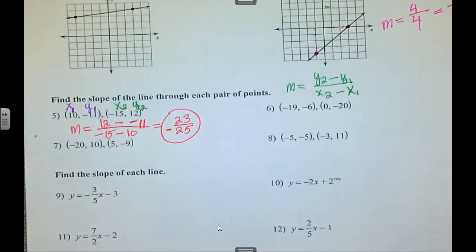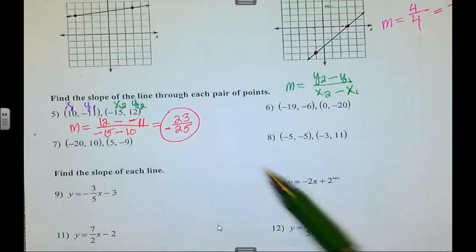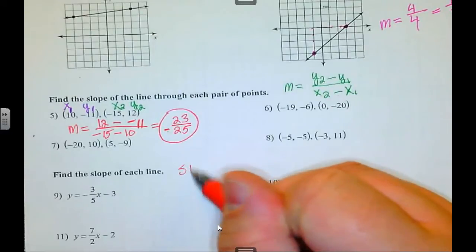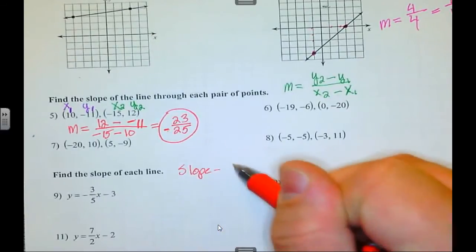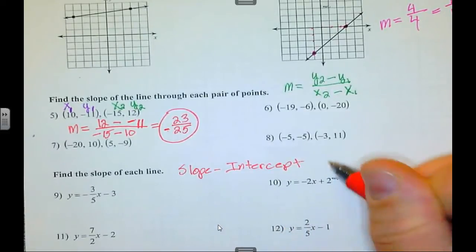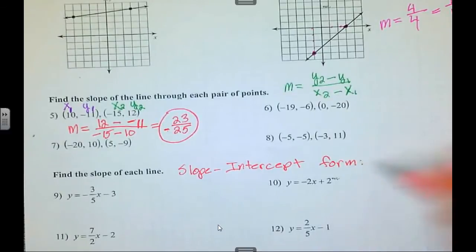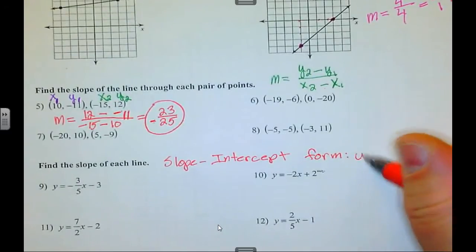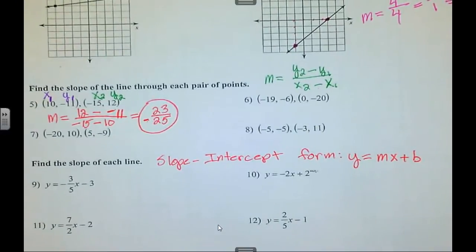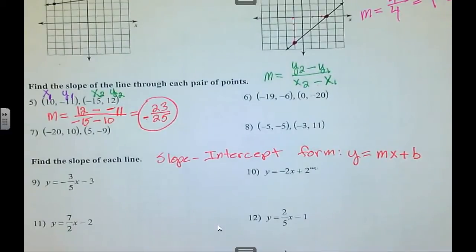Finding the slope of each line, all of these are in what we call slope-intercept form. And slope-intercept form is y equals mx plus b, where m is my slope and b is my y-intercept.